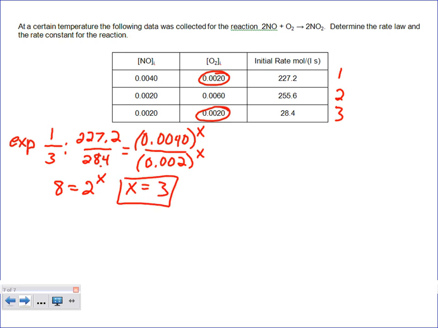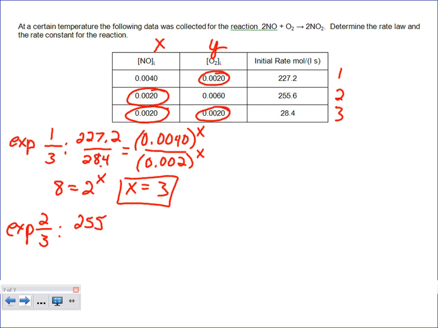And then for our second one, in order to get two things to be constant, I look at these. Now I can solve for, remember this is my x, this is my y. So now I can say that experiment 2 divided by 3 would be the way to go.